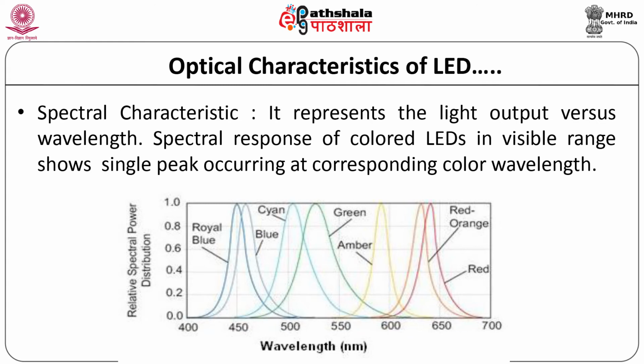Spectral response of colored LEDs in the visible range shows a single peak occurring at the corresponding color wavelength. For example, red color has a peak wavelength of 640 nanometer while green has 530 nanometer and so on. Nowadays, you all have seen white LEDs in the market. These white LEDs emit wavelengths covering the whole spectrum.